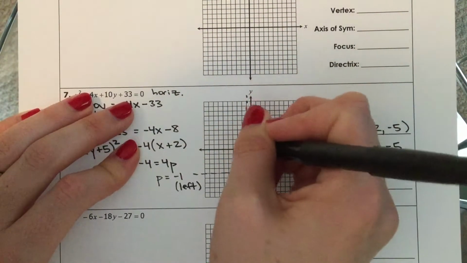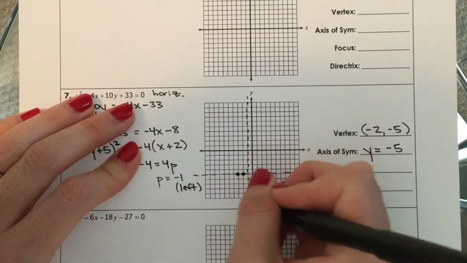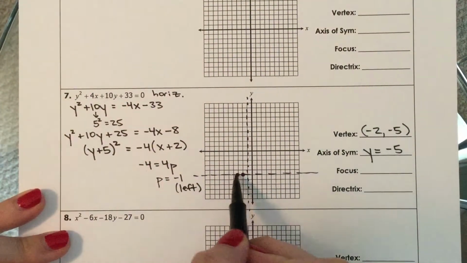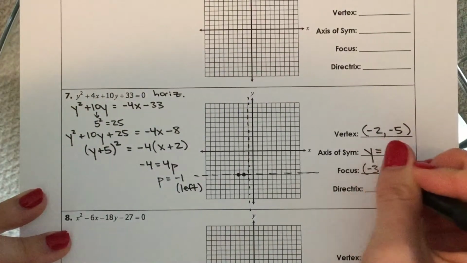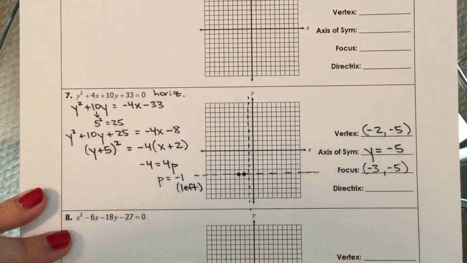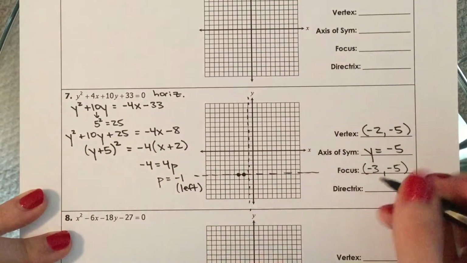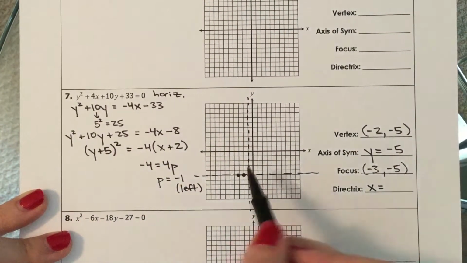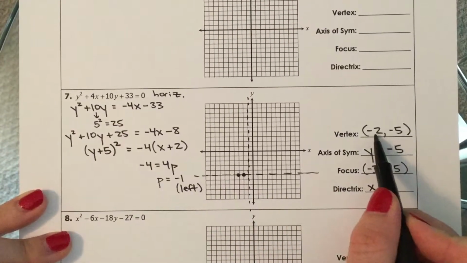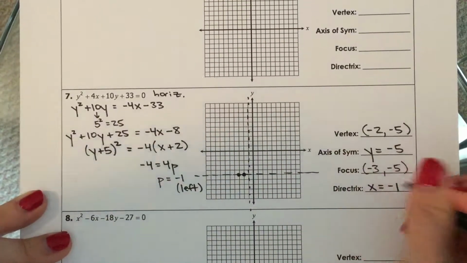The directrix goes 1 unit to the right. So this point right here, the focus goes 1 point left. So 1 point left of this would be -3, but matching the y value. And then the directrix is an actual x equals line, because remember it's perpendicular to the axis of symmetry, and it goes 1 unit right. So it goes from -2 back to -1.